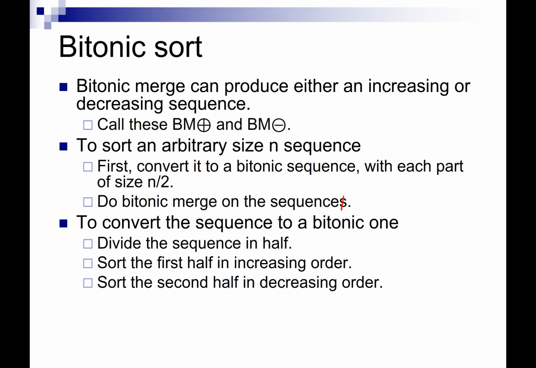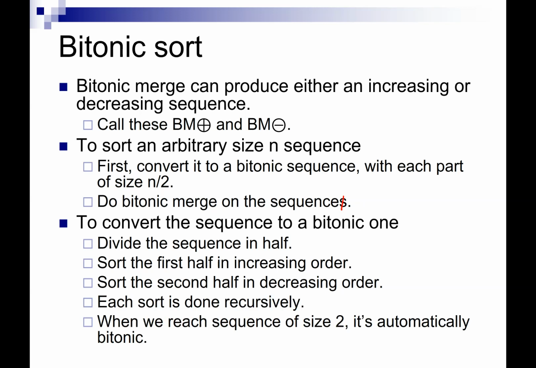But the problem is, how do you sort the first half in increasing order, or the second half? Well, you can do this recursively. So overall, we're given an arbitrary sequence. You divide it in half, sort the first half recursively in increasing order, sort the second half recursively in decreasing order, and then you do a bitonic merge on this overall increasing-decreasing sequence.